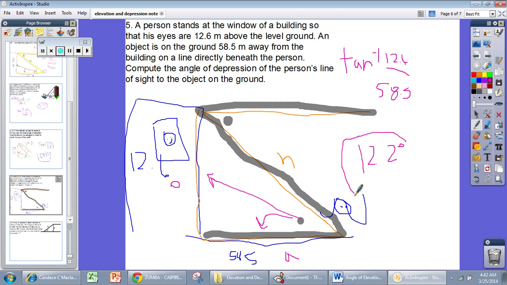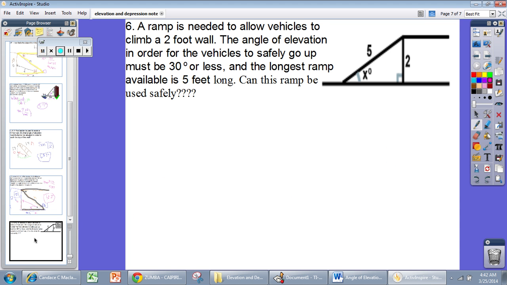Alright, for 6, you're actually going to do that one on your own. Okay, so let's just switch it real quick and read it. We have a ramp that is allowing vehicles to climb the 2-foot wall. The angle of elevation must be 30 degrees or less. The longest available ramp that we have is 5 feet.